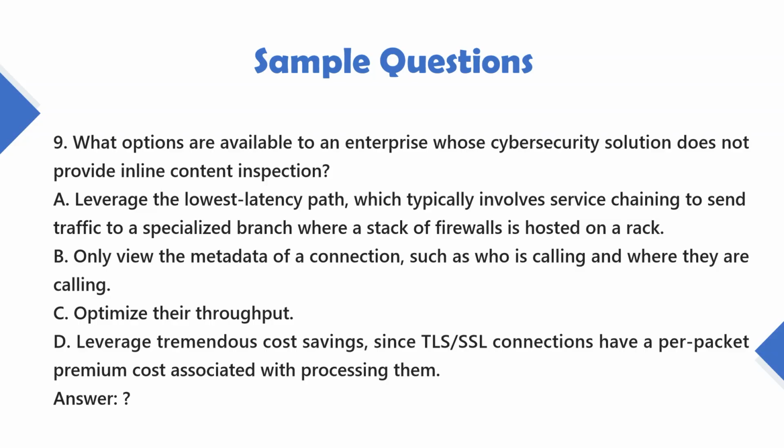B. Only view the metadata of a connection, such as who is calling and where they are calling. C. Optimize their throughput. D. Leverage tremendous cost savings, since TLS, SSL connections have a per-packet premium cost associated with processing them.